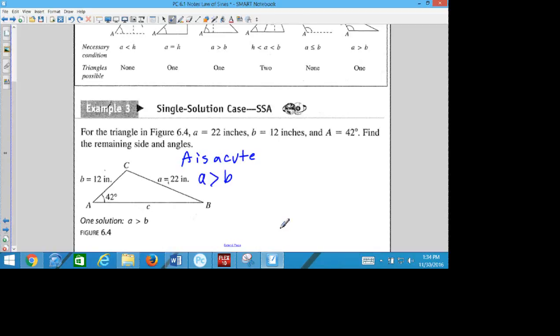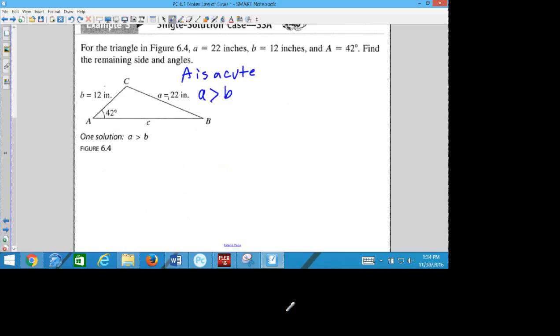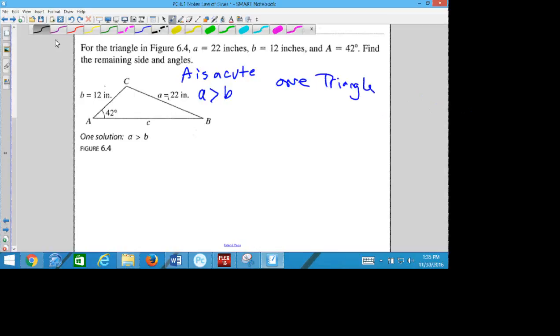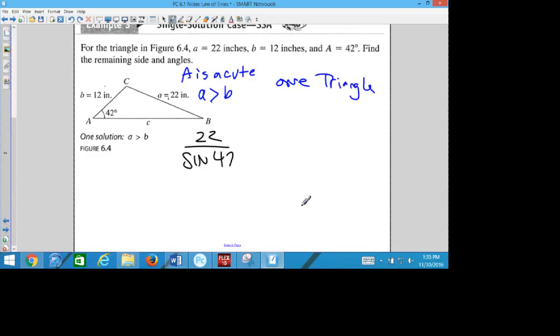So once we know that, we're just going to use law of sines and go through the whole process. All right, let's do law of sines for this one. We know that there's just one triangle. Just use law of sines. All right, what is it? A is 22 over sine of angle A, 42. B is 12 over sine of, do we know angle B?